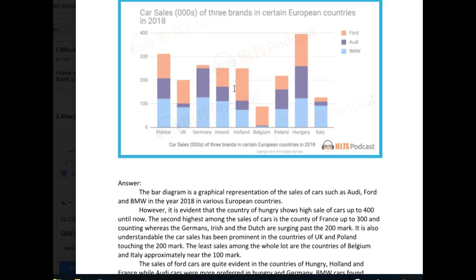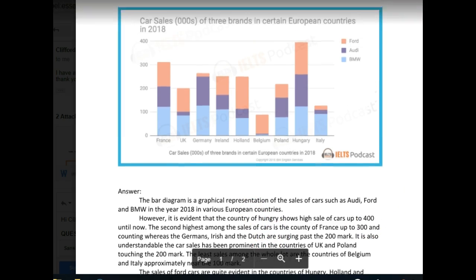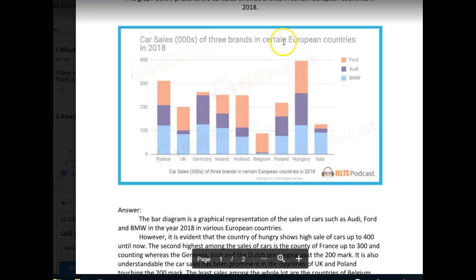It says in 2018, but it's almost as if it's referring to 2018 as like a static kind of point, and it's like an average score of everything happening in 2018 as a whole. So I don't really think that surge is the word you want. Now, what are we really talking about here? We're talking about the difference between a dynamic chart, which is what you don't have here, and a static chart, and that's what this is.